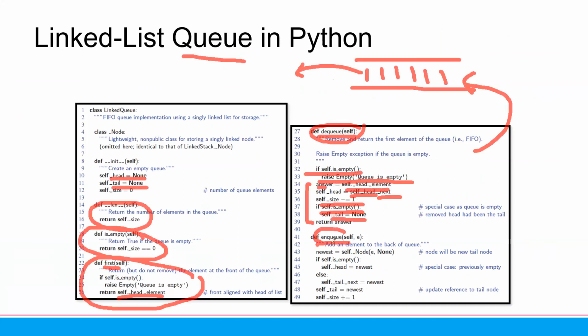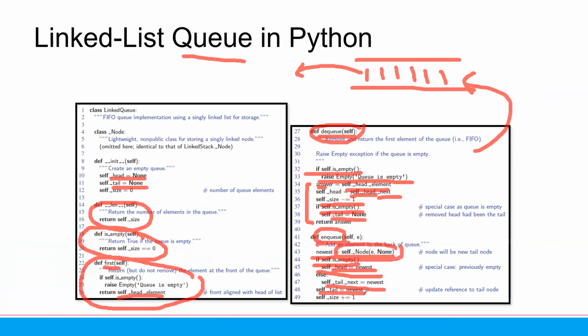If we do the enqueue, we will create a new node first. After we create the new node, then we will check whether it is empty or not. If it is not empty, then we will just make the tail's next the newest, or if it is empty, we will just put the newest as the head.